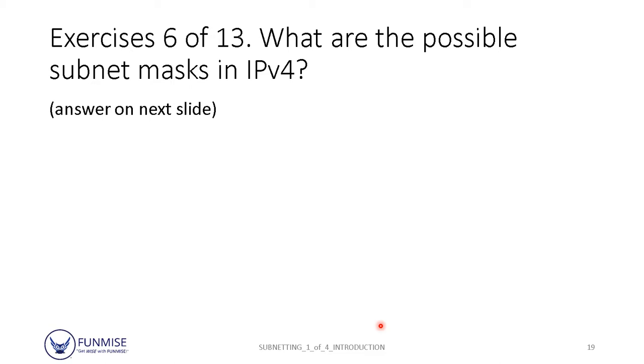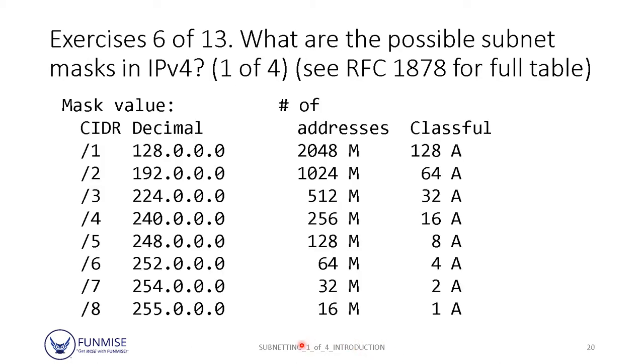Now, exercise number 6. What are the possible subnet masks in IPv4? Okay, this will take about 4 slides to cover, but it'll be fun once we do it. So, as we can see here, this table is an excerpt from Request for Comments 1878, and this table shows the different CIDR.